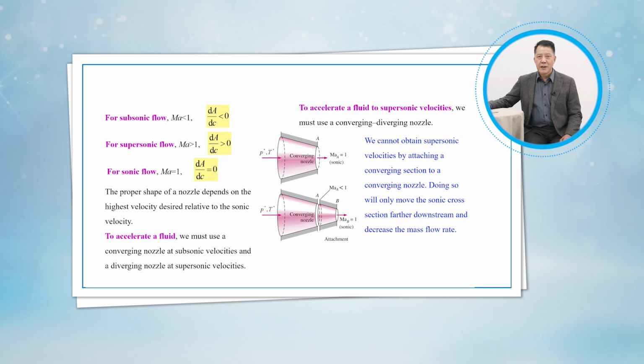Now, the sonic velocity will occur at the exit of the converging extension instead of the exit of the original nozzle, and the mass flow rate through the nozzle will decrease because of the reduced exit area.